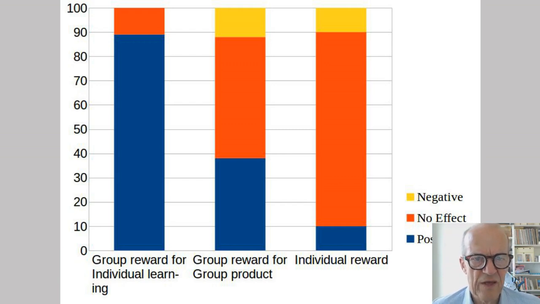You can see that the best outcome arrives when you have a group product, but when the individual learning is accounted for in rating or assessing the group as a whole. So you can imagine that you ask all members of the group to work on a group product, and then you take a test.